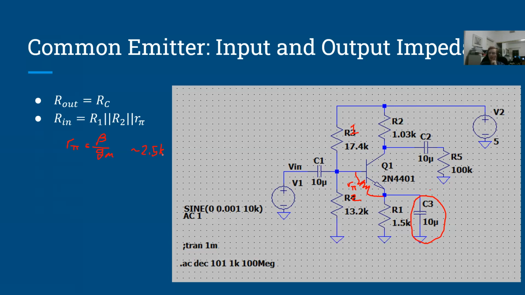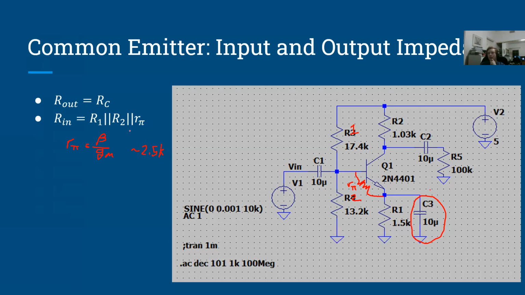Usually we want to maximize the input resistance of the amplifier, and this 2.5 kiloohms is the limiting factor. We can't go any higher than 2.5 kiloohms, because everything else is in parallel with it, so you can only go lower.